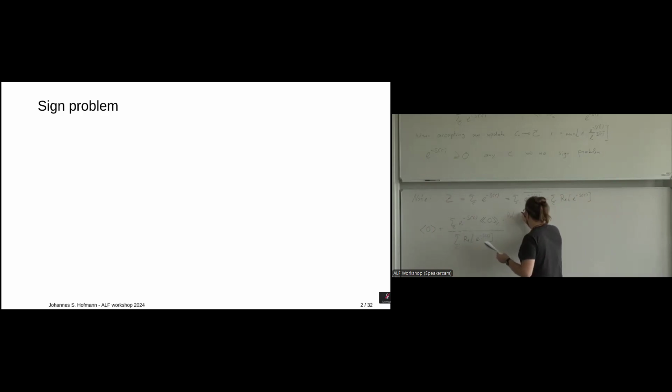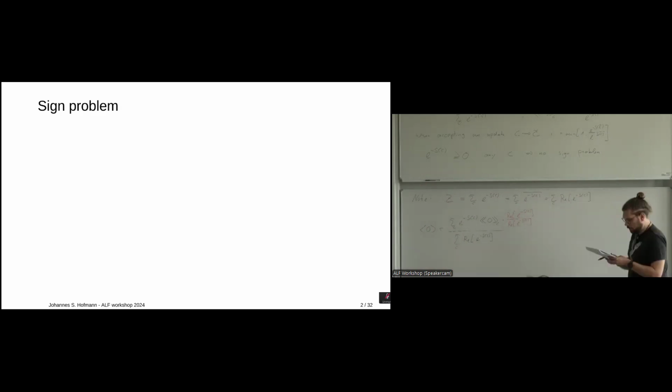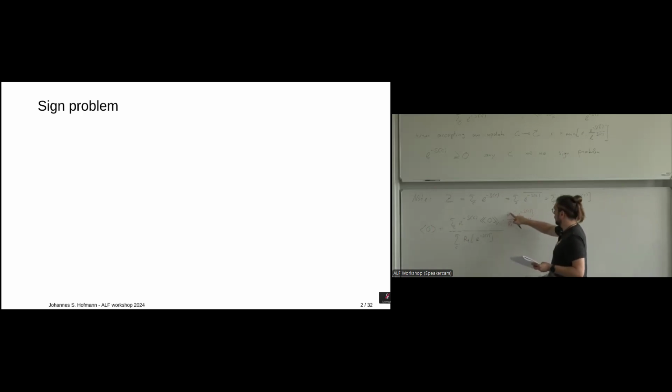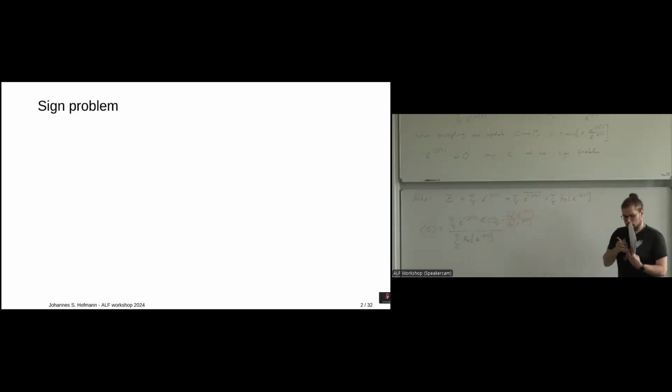Namely, it's the real part of e to the minus sc divided by the real part of e to the minus sc. So this doesn't change anything, but I'm starting to approach the real part of the original weight with its normalization defining the probability of this expression.